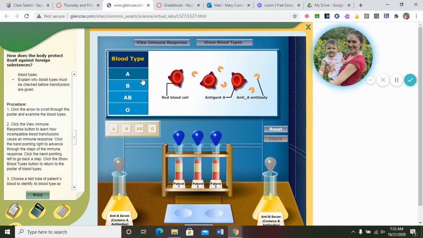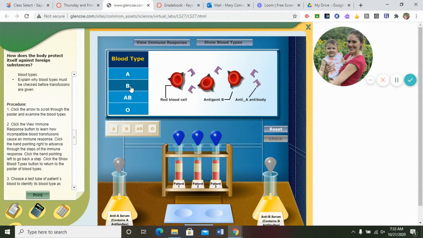So your blood types are right over here, and I believe right now we are on Show Blood Type. So if I click on blood type A, this is what a red blood cell looks like, and it has anti-B antibodies. If you click on B, these guys are little triangles, and it has anti-A antibodies.